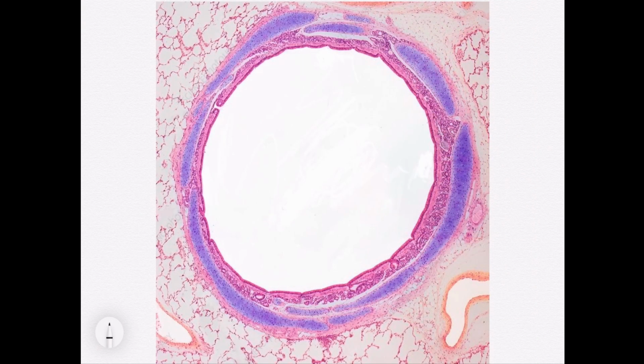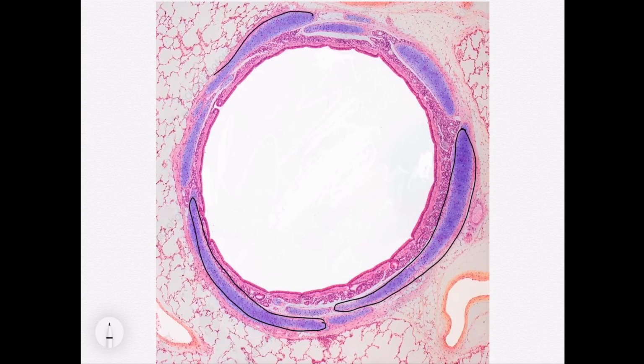How can you distinguish between the trachea and the bronchus? Both of them have the exact same layers of tissue, except that in a bronchus, the cartilage does not exist as a C shape, but instead, they are known as cartilage plates.